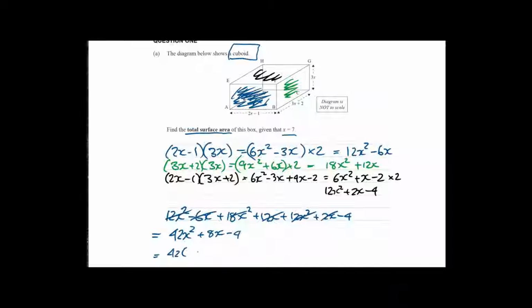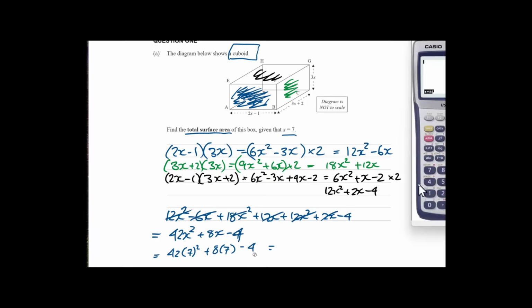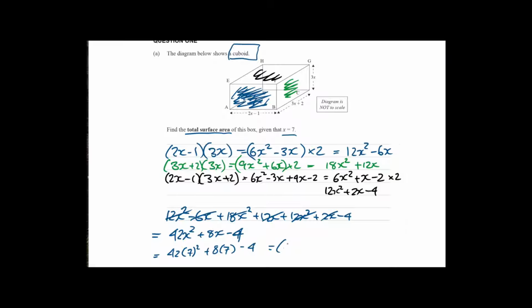Okay, and now we're going to put in 7. So 42 times 7 squared plus 8 times 7 minus 4. I can't bother doing it just off the top of my head, so let's grab our calculator. So it's 42 times 49 plus 8 times 7, 56, minus 4.